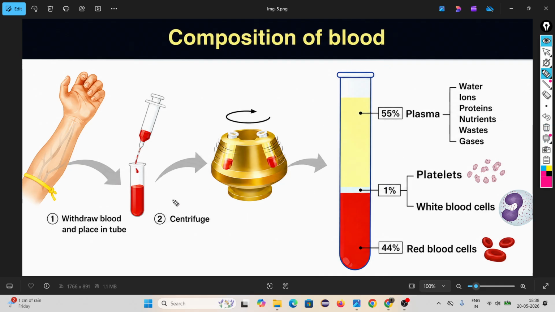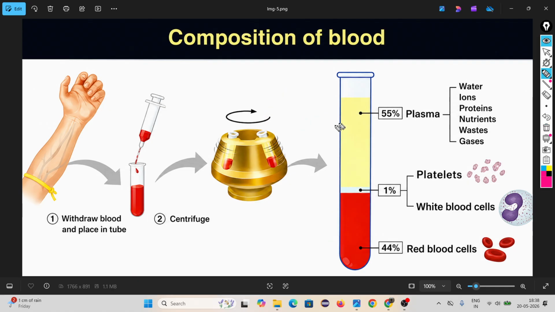If you want to see the composition of blood, take blood, put it inside a centrifugal machine, and rotate it at high speed. After rotating with a high speed, you will see this type of situation.